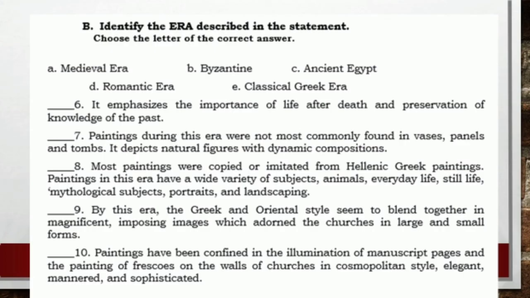Next, A. Medieval era. B. Byzantine. C. Ancient Egypt. D. Romantic era. And E. Classical Greek era.